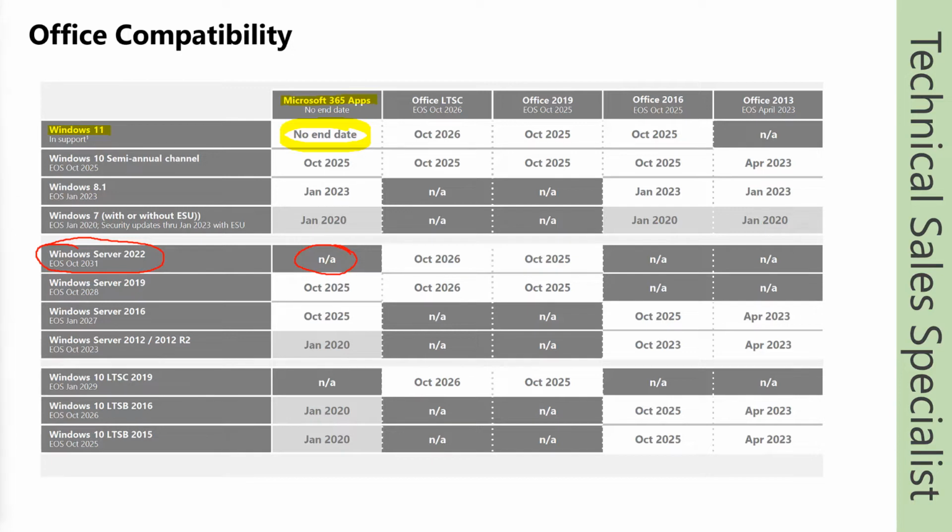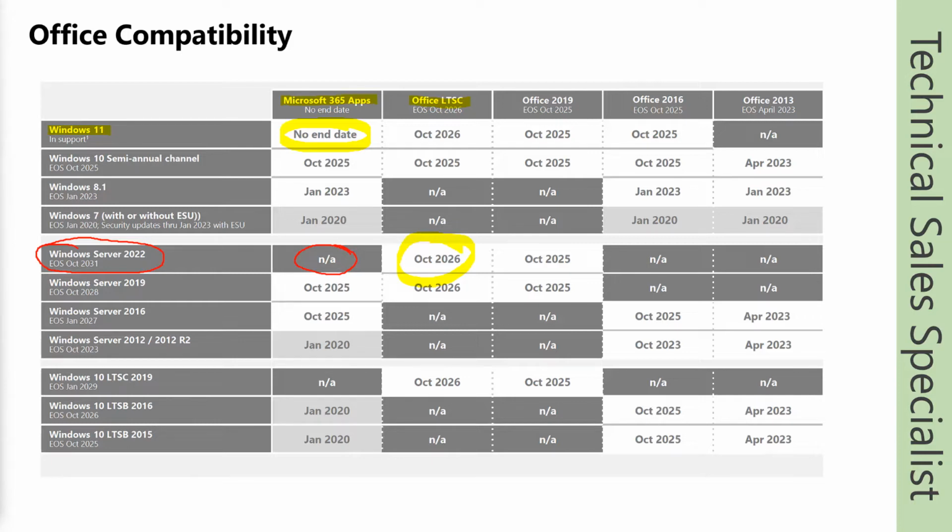But for sure, we have it for the Office LTSC apps that are available via volume licensing on the traditional licensing ways. This is very, very important to understand that we have relations between the lifecycle policies between the client OS or the host OS and the installed application.